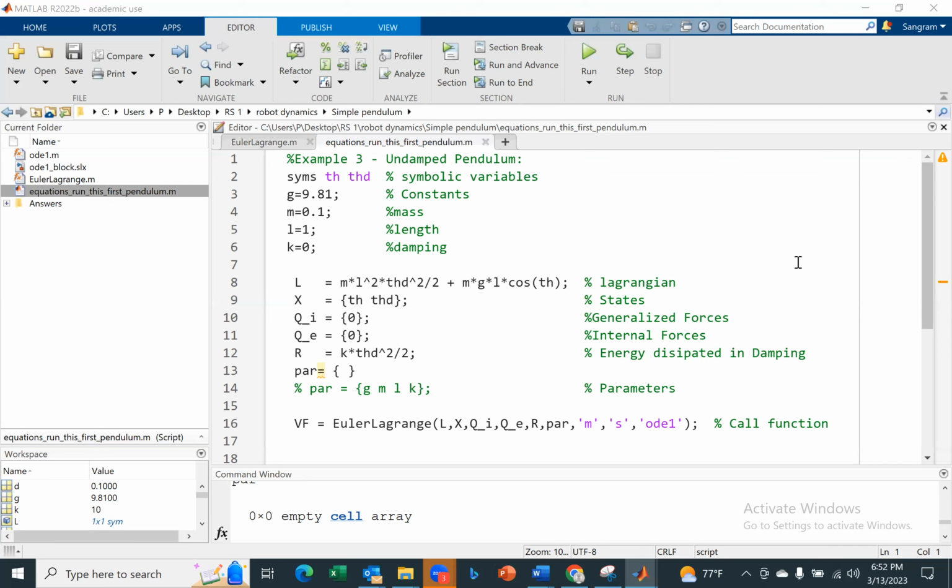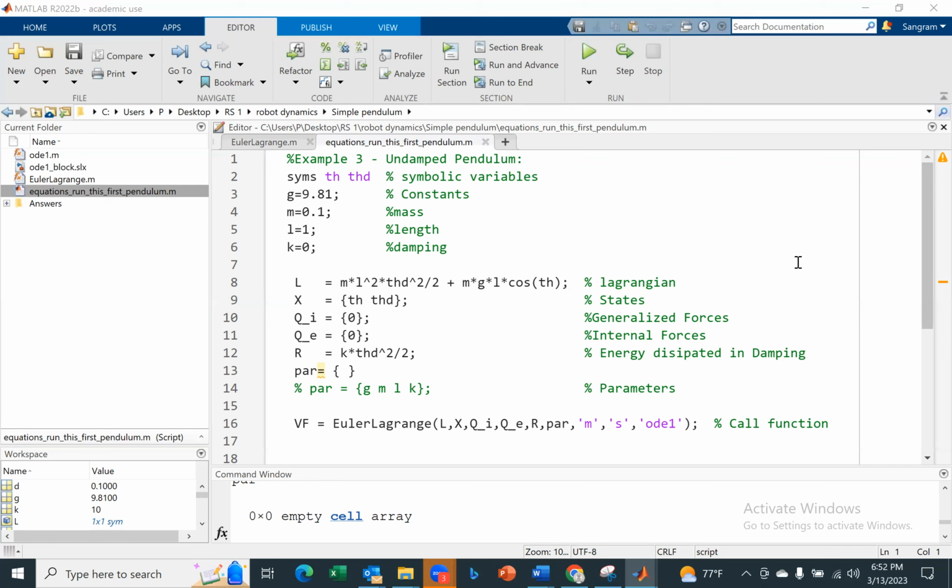So this is T, V, and the Lagrangian L is equal to T minus V. That's why the Lagrangian here, online students, please pay attention, that's why you have a positive sign.